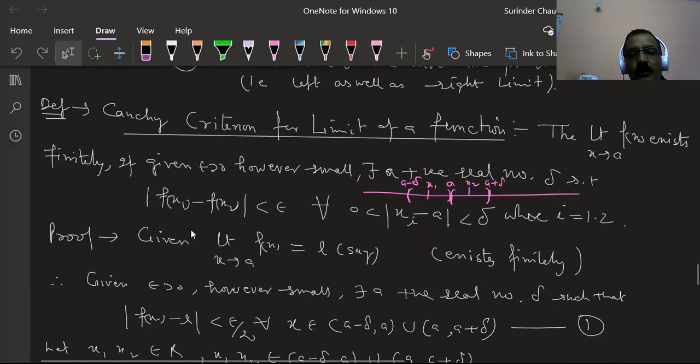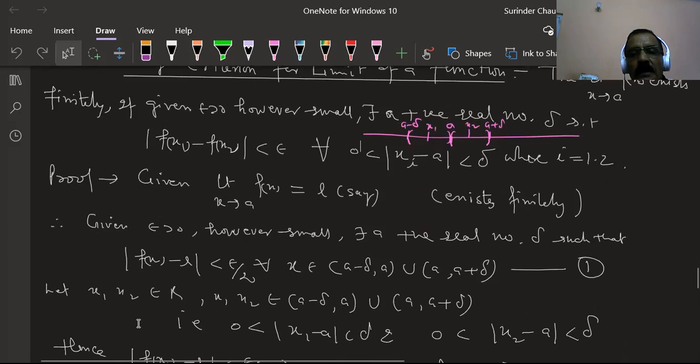Now the definition of limit. What does this imply? This implies that given epsilon greater than 0, however small, there exists a positive number delta such that modulus of f(x) minus L is less than epsilon by 2 for all x belonging to the deleted neighborhood of a.